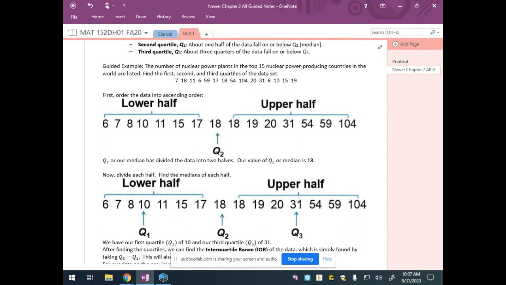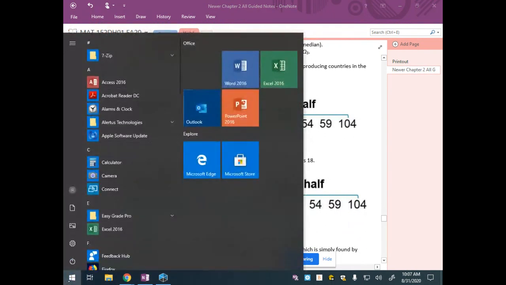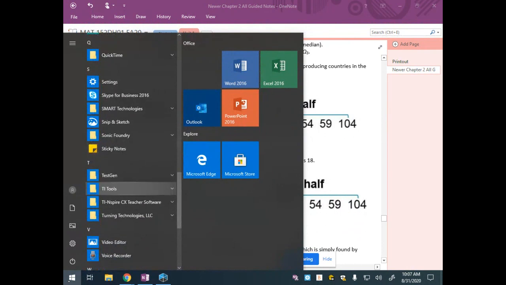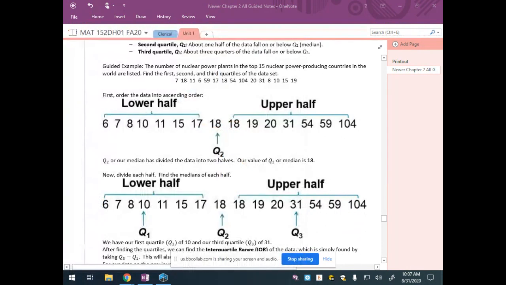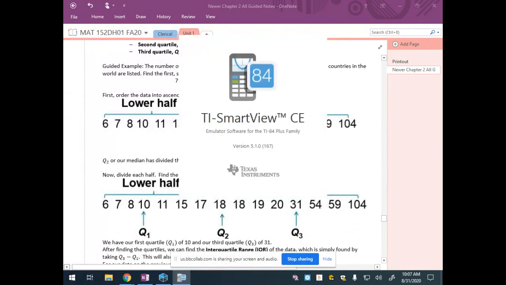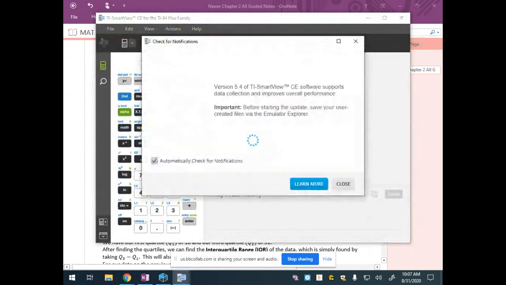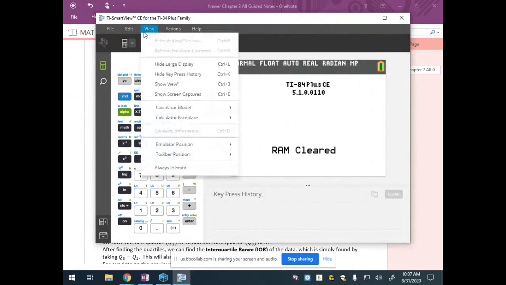Now, what we could do here is actually verify this on the calculator. So you know what? Why the heck not? Let's do this on the calculator. So we'll go ahead and enter this data on the calculator, and we'll take it from there.